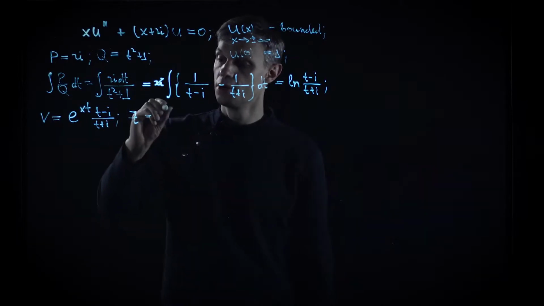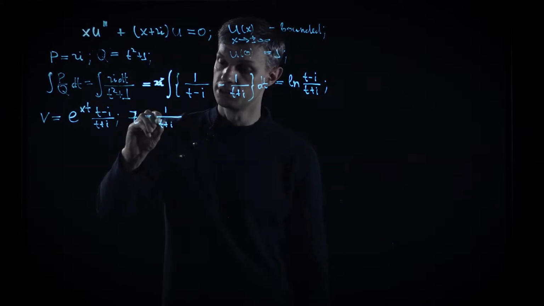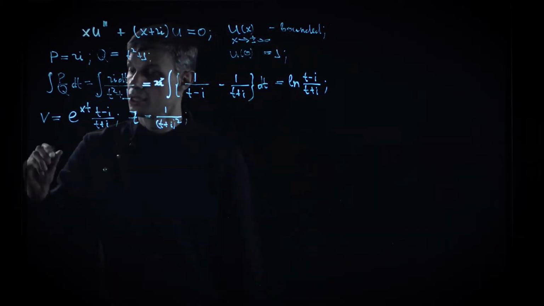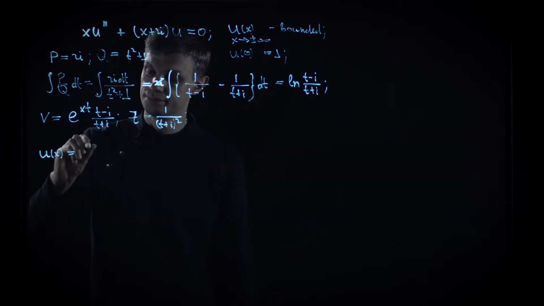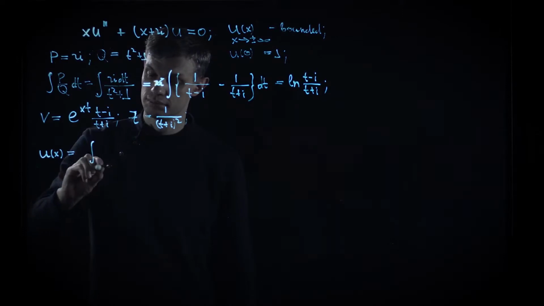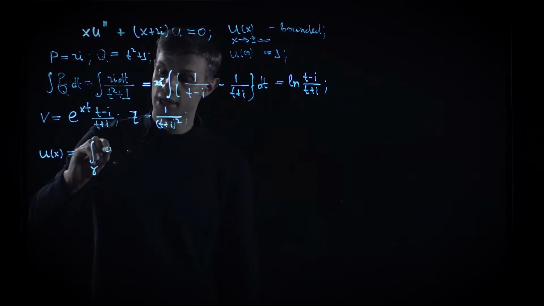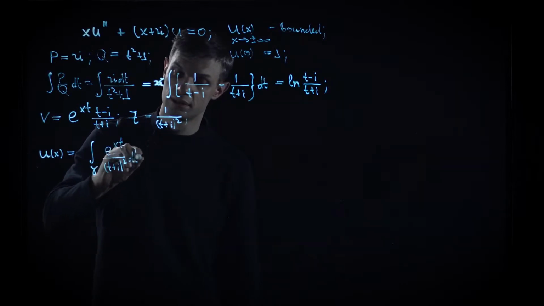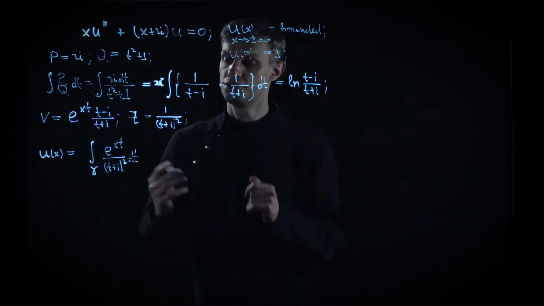So what we get is 1 over t plus i squared. And finally, our solution, u of x, is some contour integral of e to the xt over t plus i squared dt. And now, the key part, the choice of the contour.